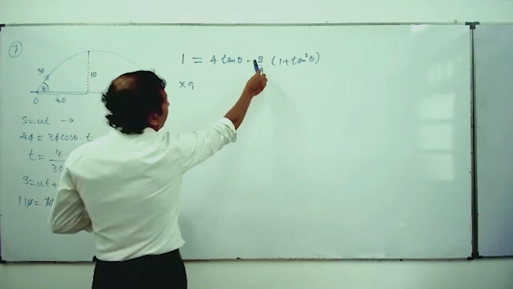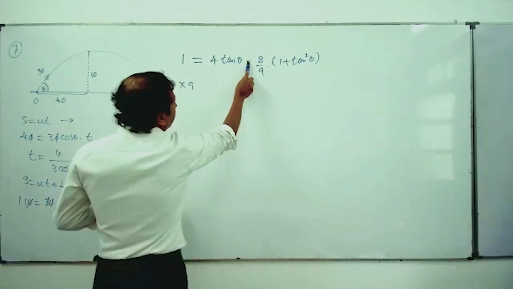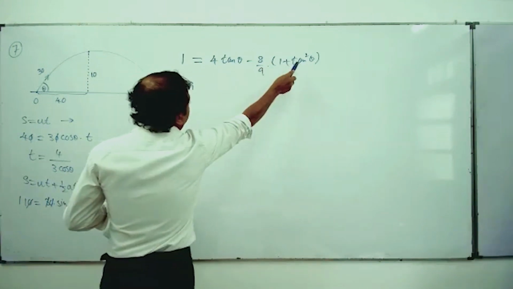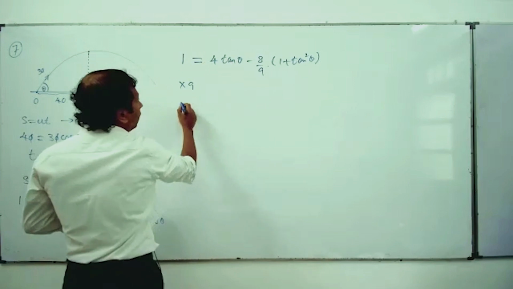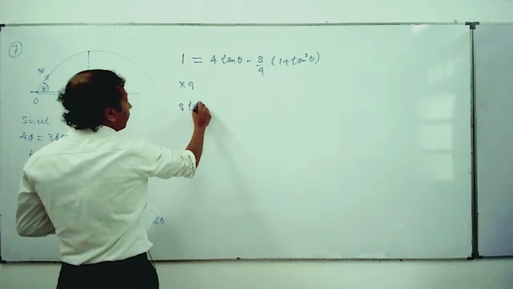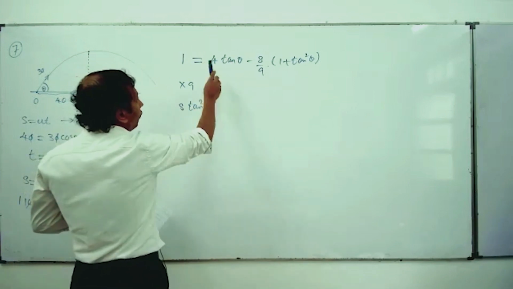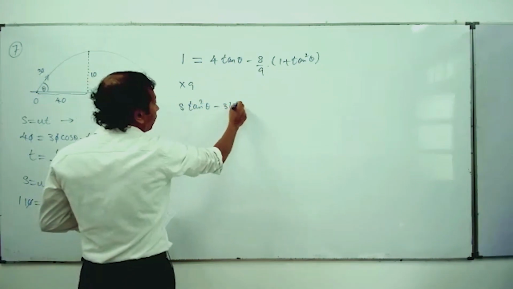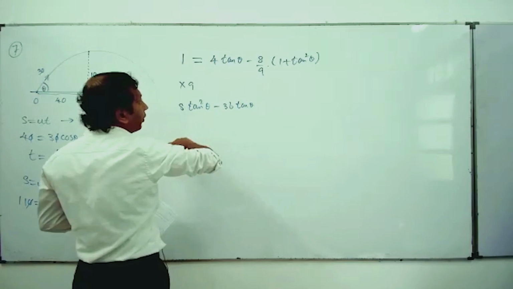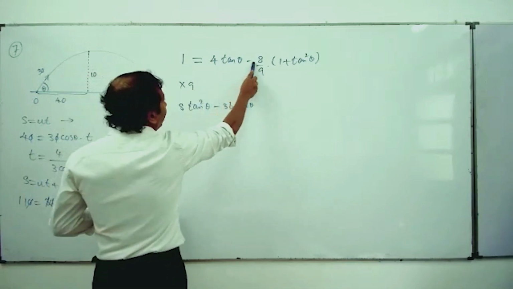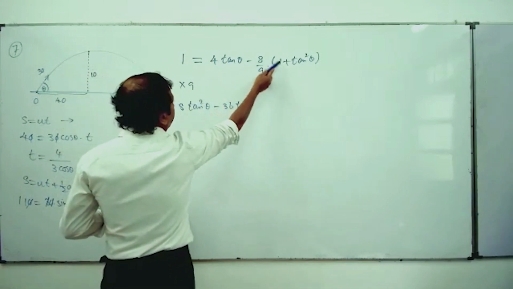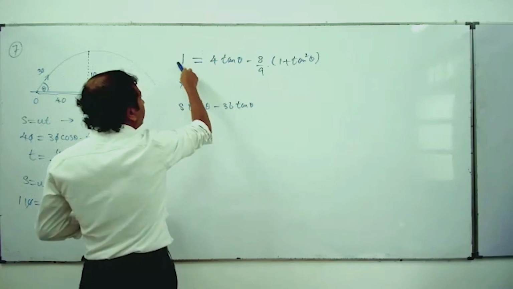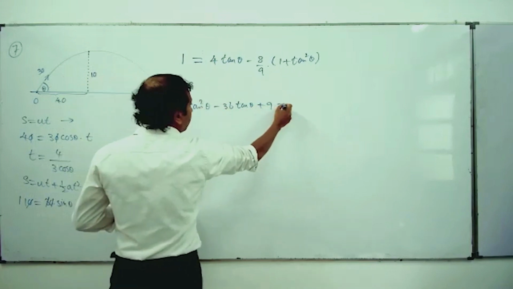When you multiply this by 9, you get minus 8 tan square theta, and when you take this side, 8 tan square theta. Then 36 tan theta becomes minus 36 tan theta. Here we get minus 8 into 1 means minus 8, take this side, plus 8, with this one plus 9, equals 0.